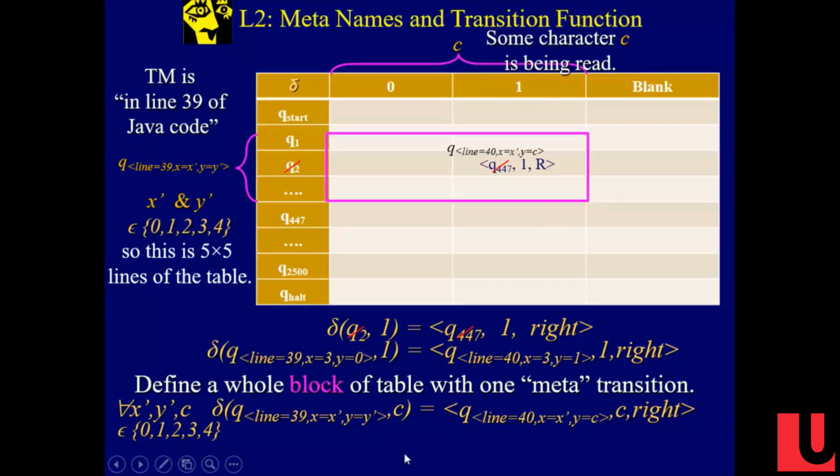But here, Y is going to change. It doesn't matter which Y name we had before, our new name in this whole column will all be Y equals 0. And in this whole column, the name will be Y equals 1.